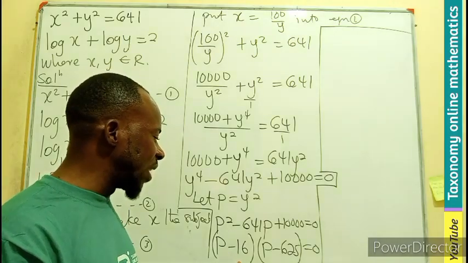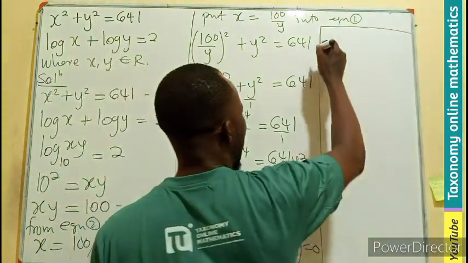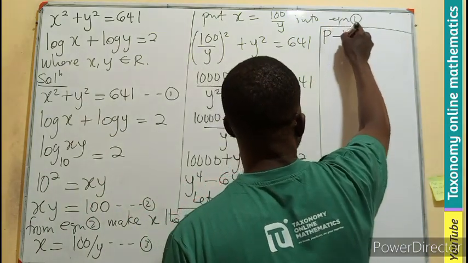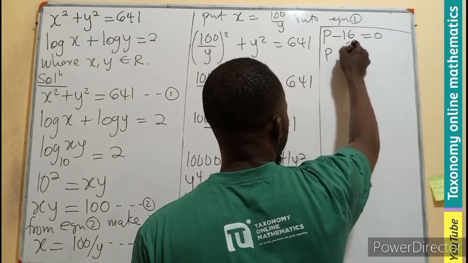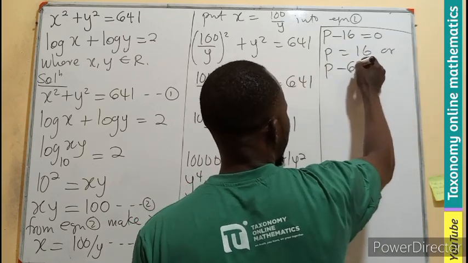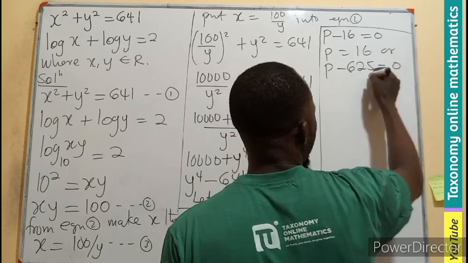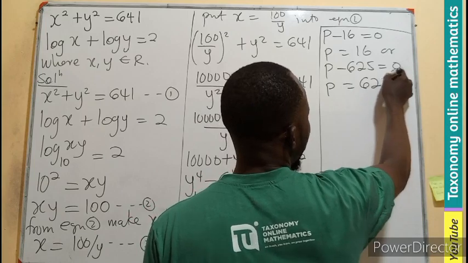So that simply means the first bracket is 0 or the second bracket is 0. So we are going to have p minus 16 equals to 0, which gives p equals to 16, or p minus 625 equals to 0. That also means p is equal to 625.